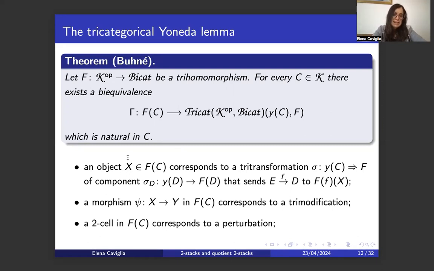And so the idea is that every object of F of C will correspond to a tri-transformation, call it sigma, from Yoneda of C into F. And the component D of sigma will send a morphism f from E to D into F of X. And in an analogous way, we can define explicitly the tri-modification that corresponds to a morphism from X to Y and the perturbation that corresponds to a 2-cell in F of C.